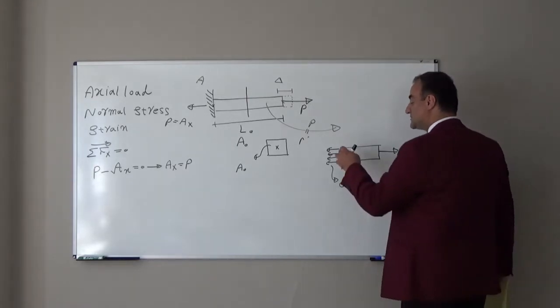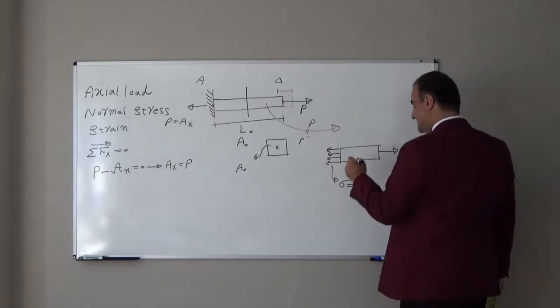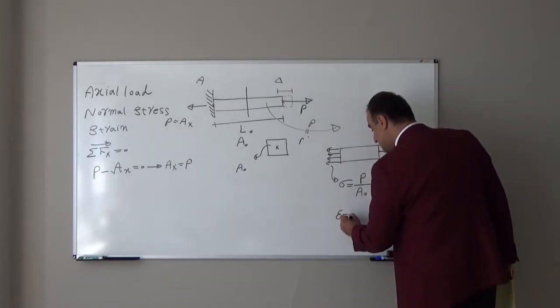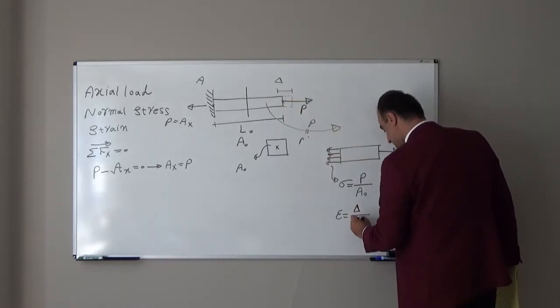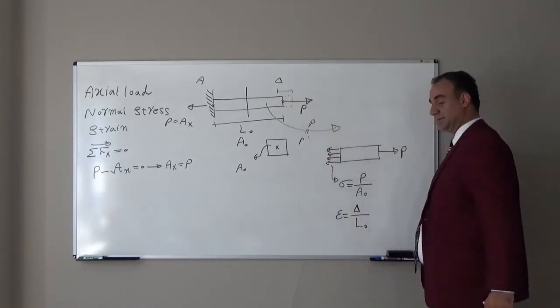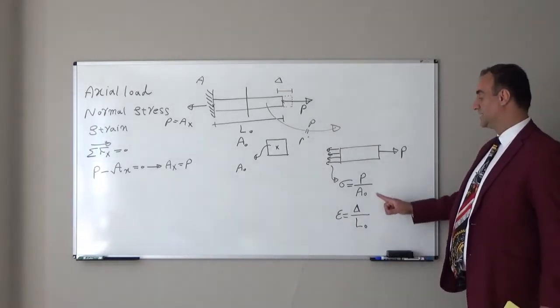Normal stress is always perpendicular to the cross-sectional area. And strain is the entire deformation delta divided by initial length. We call it strain. So this is stress, this is strain.